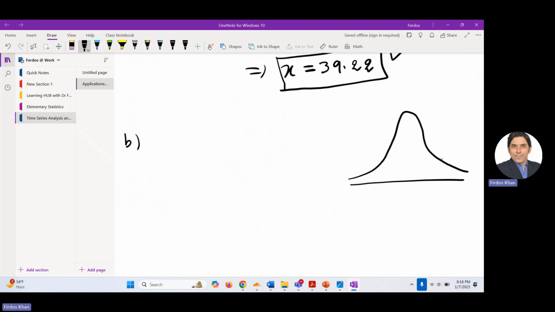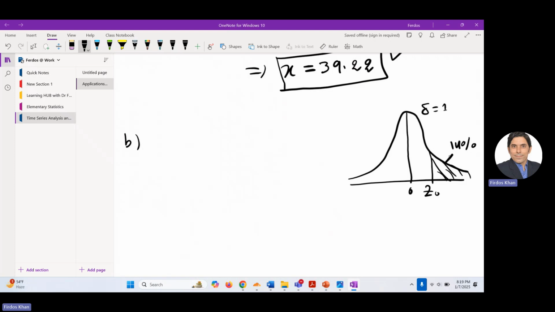You can write that 14% is this area, and this is z naught. Remember that the mean is always 0 for the standard normal distribution, and sigma is equal to 1. The total area under the normal curve is 1, so in percentage we can say 100%.